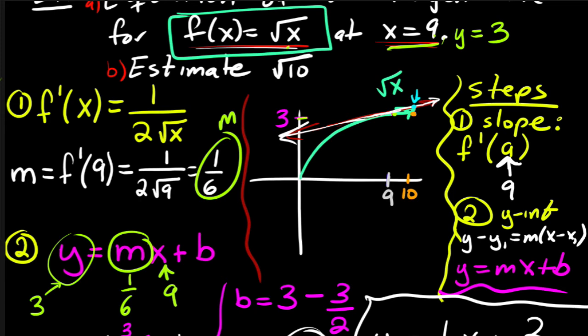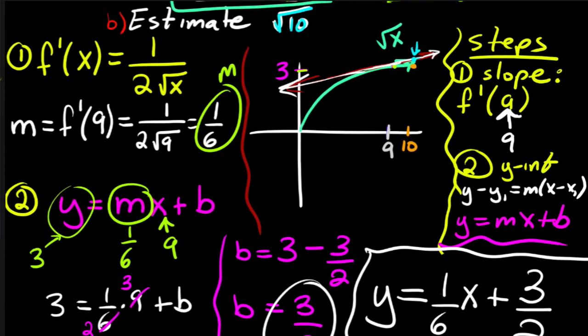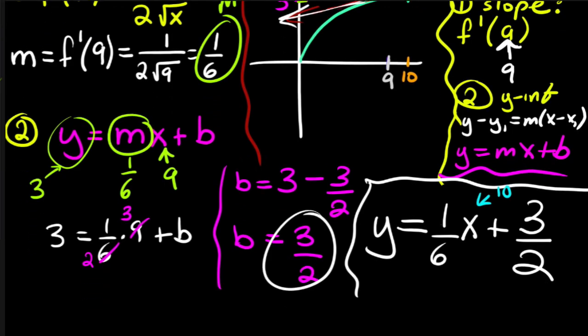So this little orangey point is very close to this blue point, which is on my tangent line. So if I plug 10 into my tangent line instead of into the square root, what I should get is a number that's very close to the actual value. So let's try that, and then we'll test.